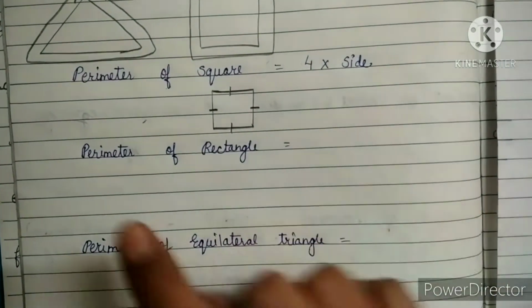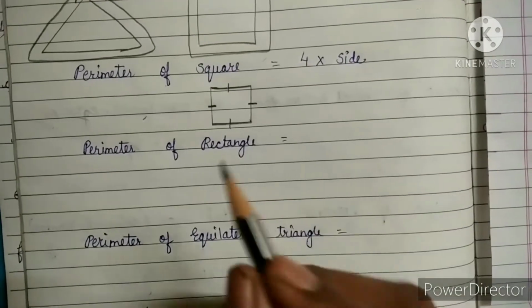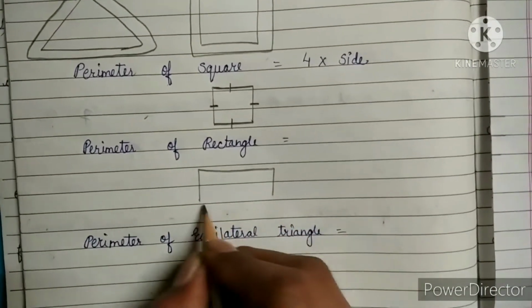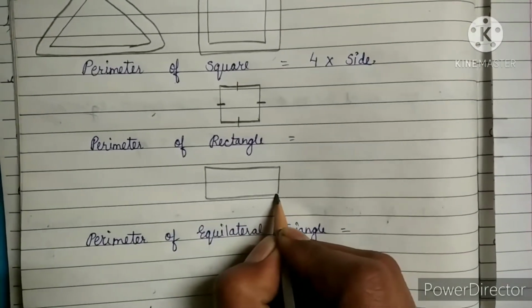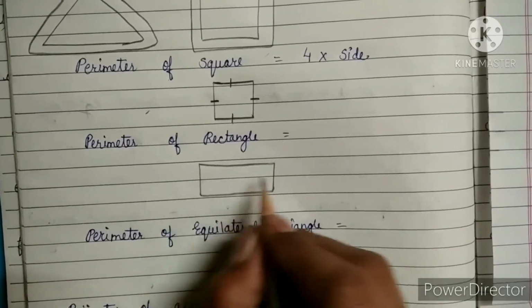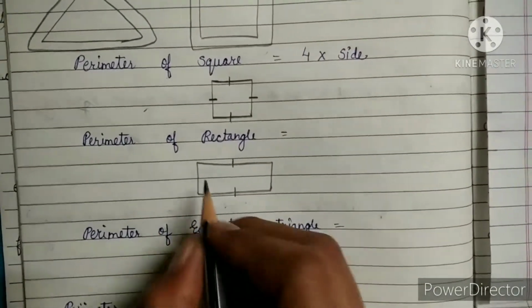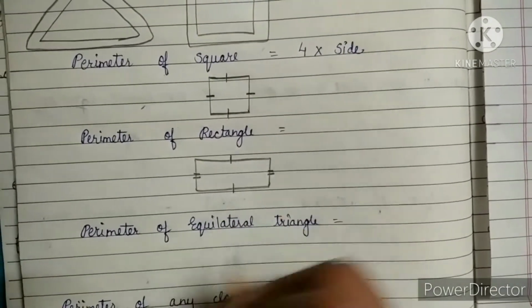Now second is the perimeter of a rectangle. A rectangle is a closed figure which has opposite sides equal. This side is equal to this side, and this side is equal to this side.